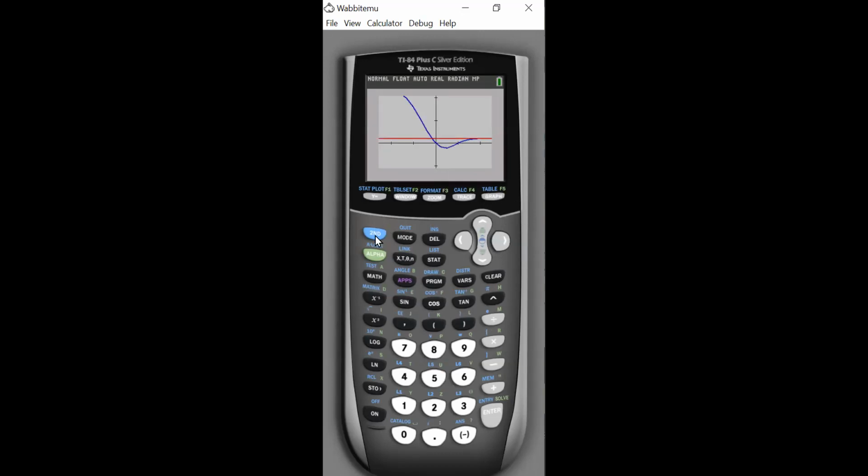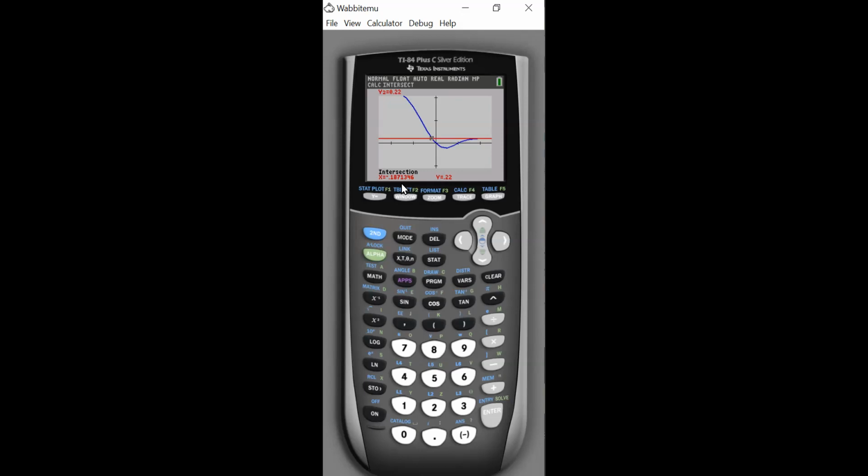Yeah, then I can see the intersection somewhere there. So second, calculate number 5 for intersect. Start from the left side. You see the first intersection? Negative 0.1071346. Or 187, sorry. Yeah, so that's your first answer.